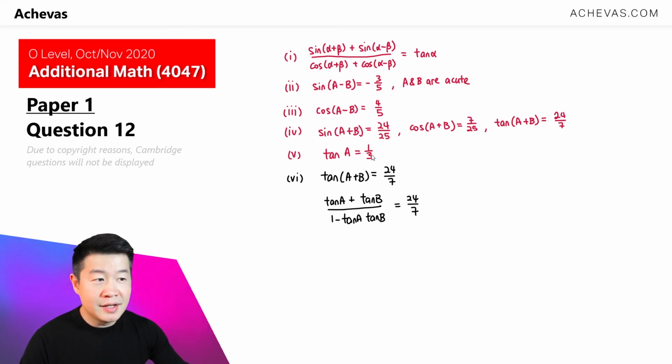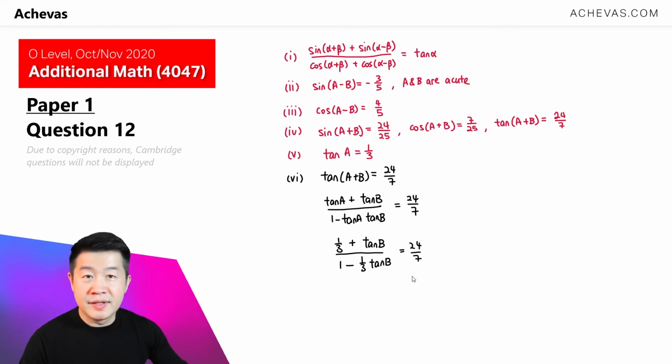And tangent A is 1 over 3. So we have 1 over 3 plus tangent B divided by 1 minus 1 over 3 tangent B. This is equal to 24 over 7.